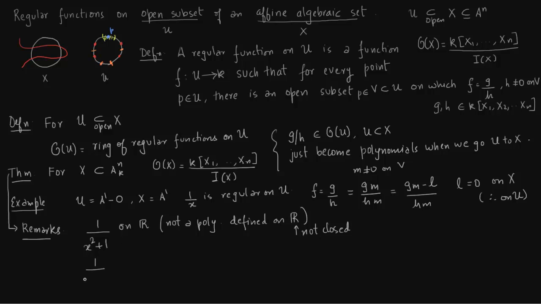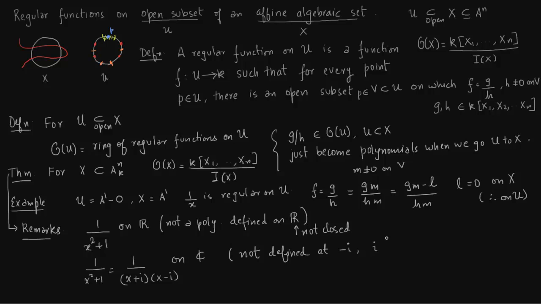Now if you were working on complex numbers, x square plus 1 would split. But then this is not even defined on complex numbers, because of the poles at i and minus i. So since it is not defined on complex numbers, we cannot find the polynomial, so the theorem is not applicable.